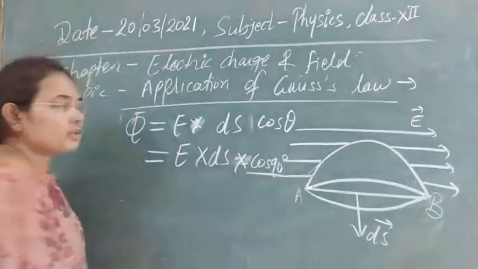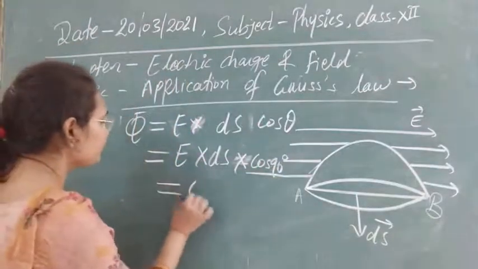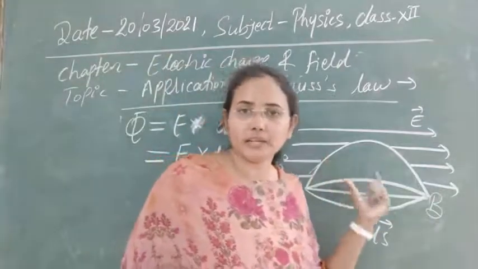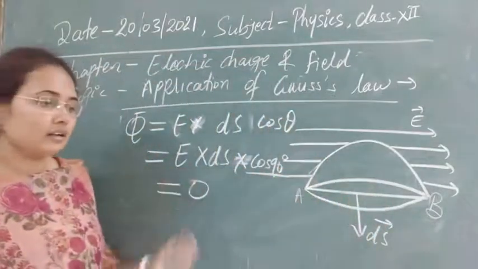As the value of cos 90 is 0, the flux associated with this curved hemisphere is 0 in this case.